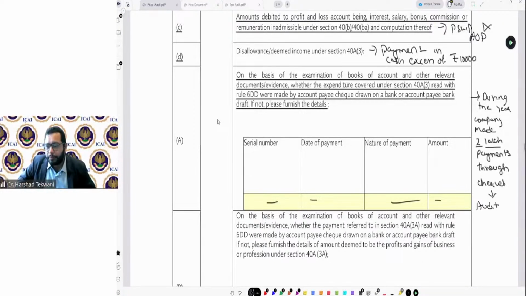The auditor is not able to get evidence whether the checks were account payee or not.